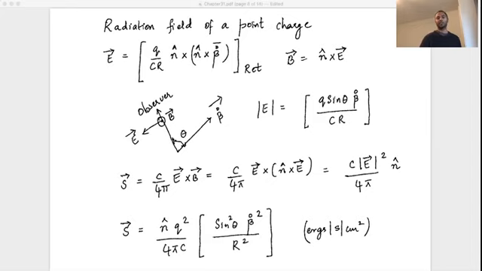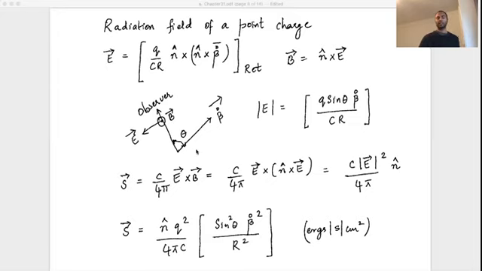And B is n cross E, right? So E, B, and n have to form a right-handed set. So B is basically going to be pointed out of the plane of paper. So E cross B is going to point towards the direction of radiation. So an easy way to identify the orientation of the vector E is to recognize that E lies in the same plane as beta dot and n hat.